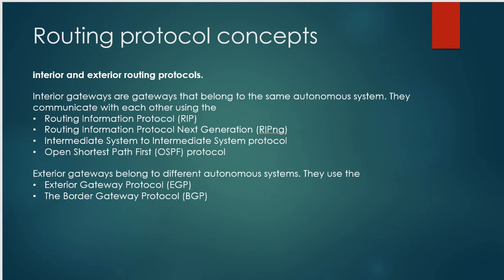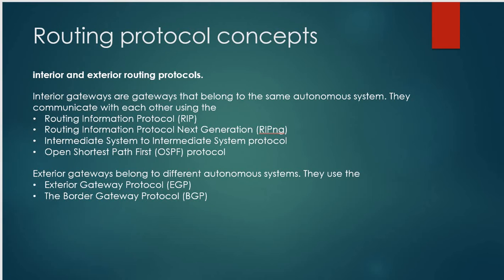This is the internal routing of an organization, a company, or any enterprise. They have their own routing rules and routing system. This is called an autonomous system. They communicate with each other using these routing protocols.